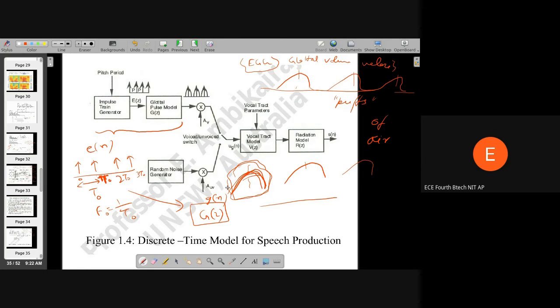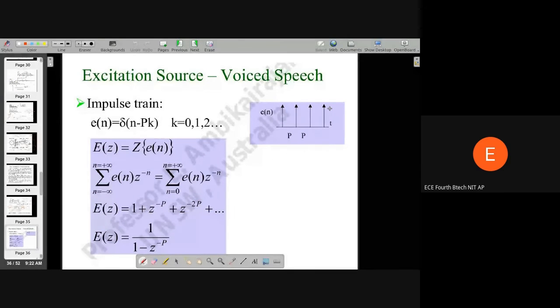Once we do that, then we have a vocal tract system, and here we'll find out why resonance happens, and finally we'll go for the lip radiation. So let's go first for the excitation source, how it is modeled.